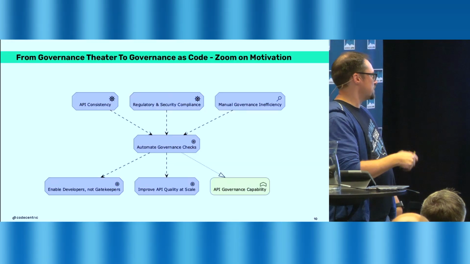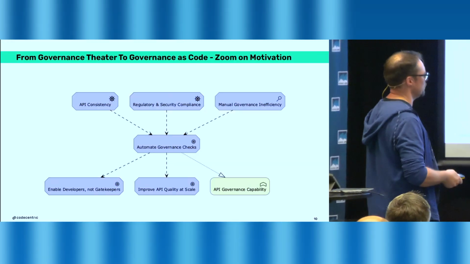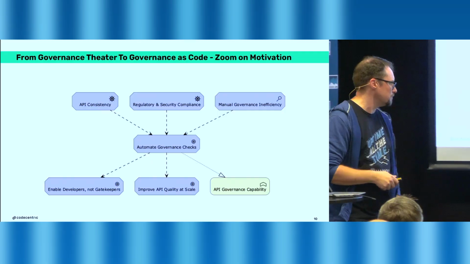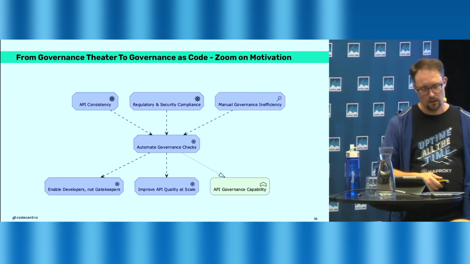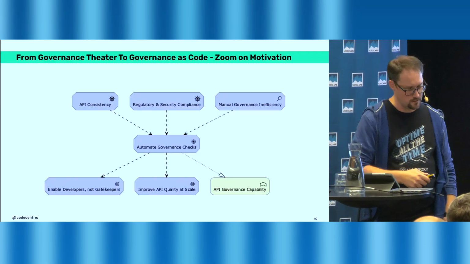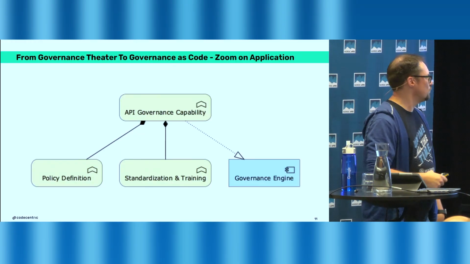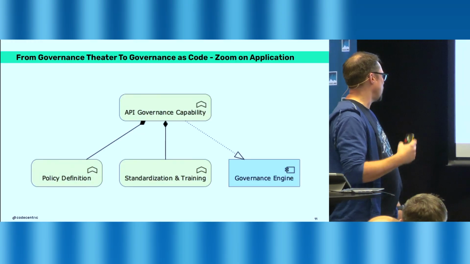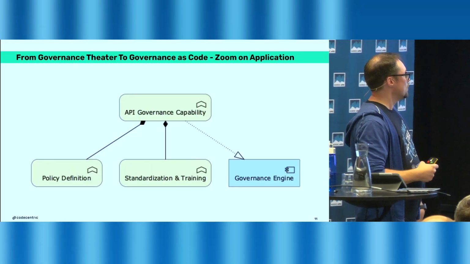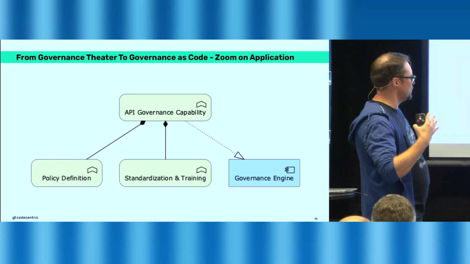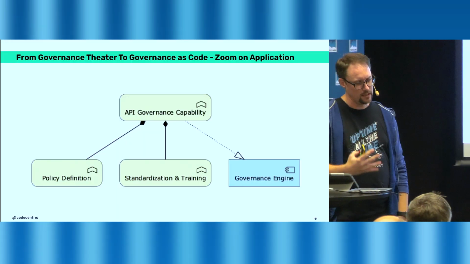Because what comes out of it is actually that we can build this API governance capability. This is what people are actually looking for when we talk about governance. With this API governance capability, we can define policy definitions. We can really bring people into the standardization and the training phase.